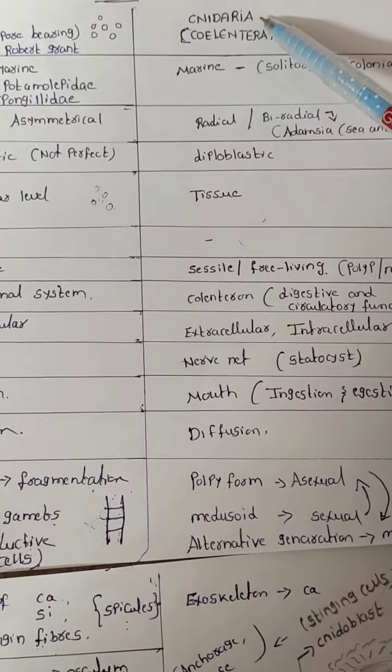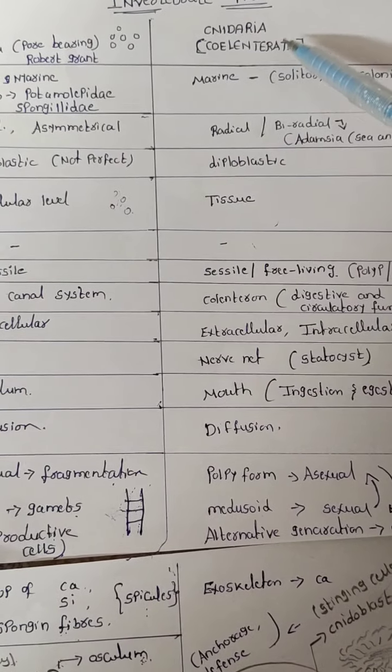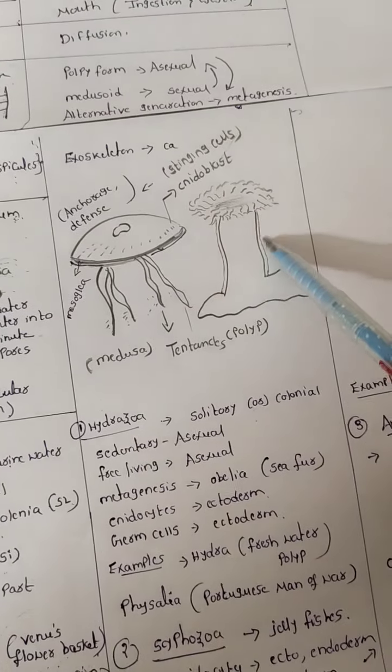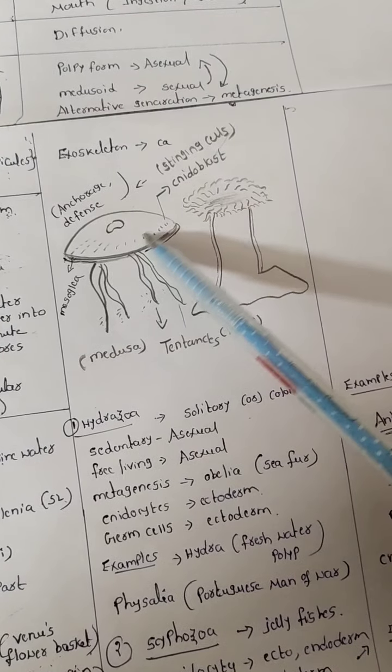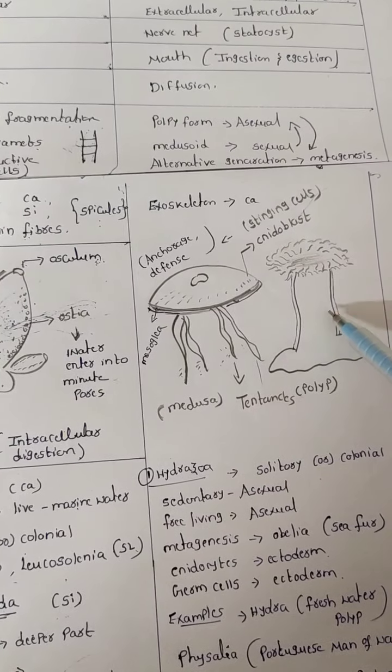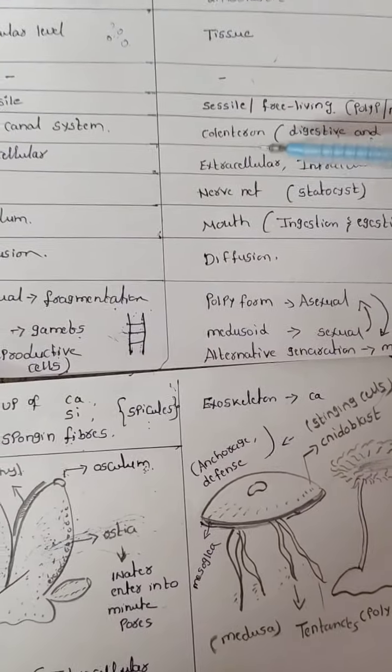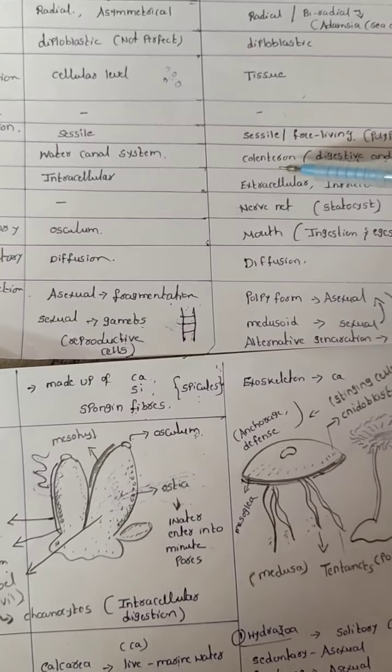Okay, now I already said Cnidarians are also called coelenterata. Why are Cnidarians also called coelenterata? Here they have a body cavity. The body cavity is called the coelenteron.